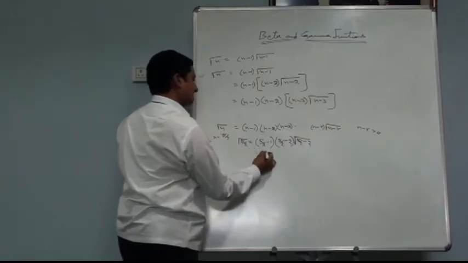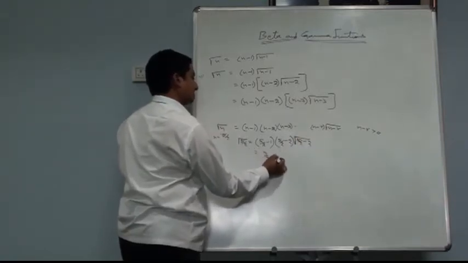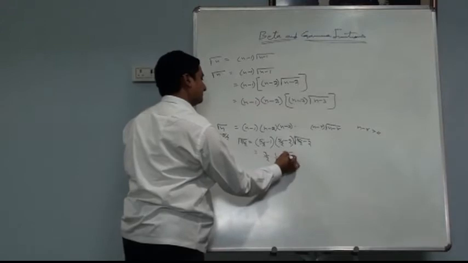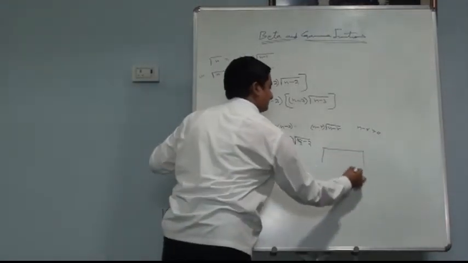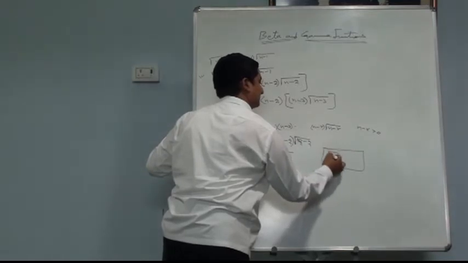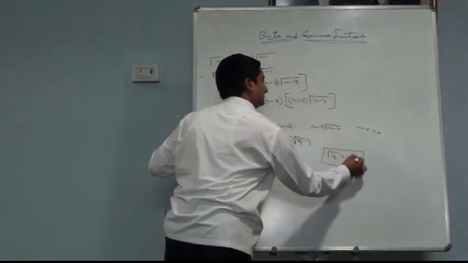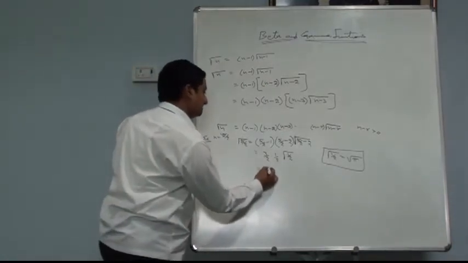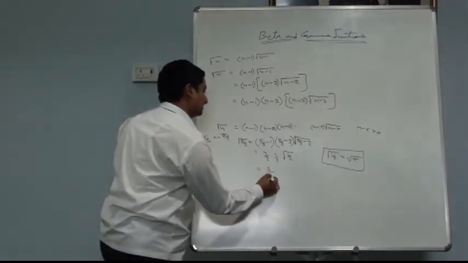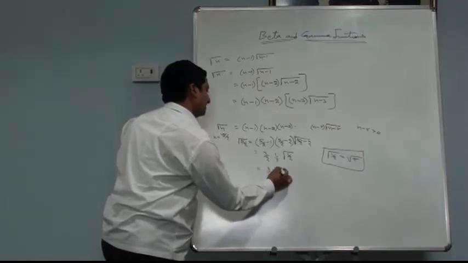This is 3 by 2 into 1 by 2 into gamma half. Now this gamma half is going to be root pi. This is one of the standard values. If you want, we can prove that this is 3 by 2 power 2 into root pi.